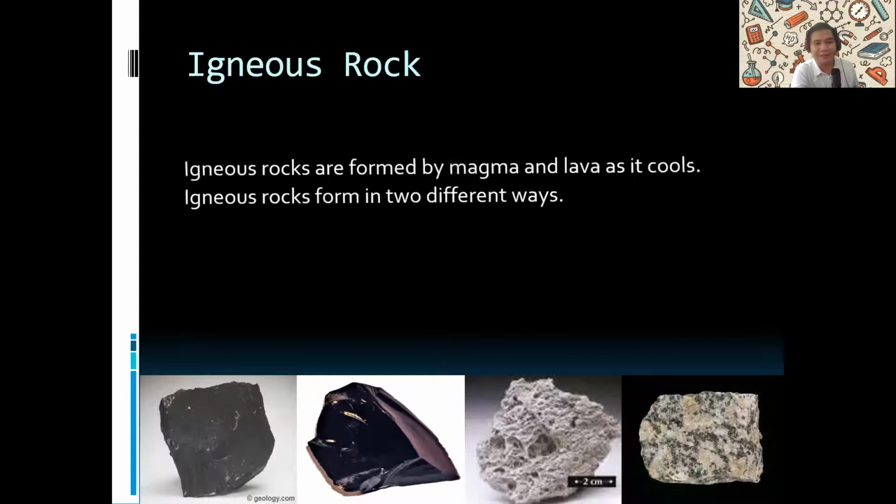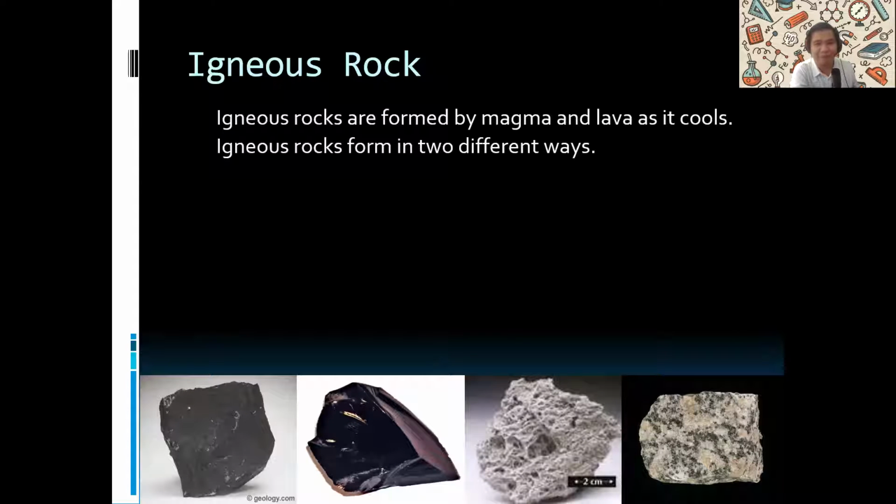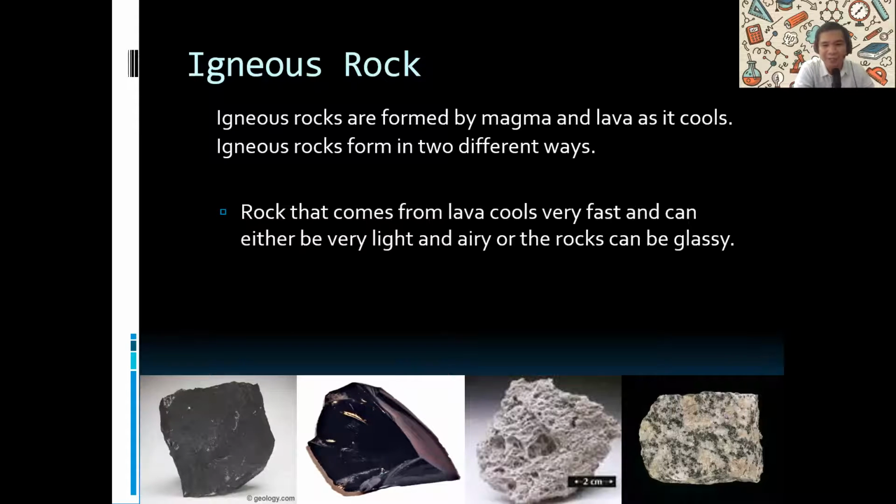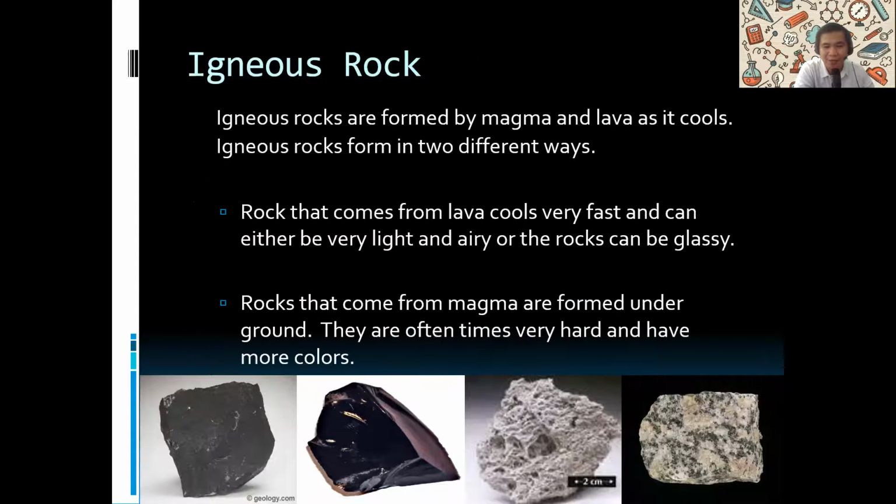Igneous rock. Igneous rocks are formed by lava and magma as it cools. Igneous rocks form in two different ways. Rocks that come from lava cool very fast and can either be very light and airy, or the rocks can be glassy. Rocks that come from magma are formed underground.